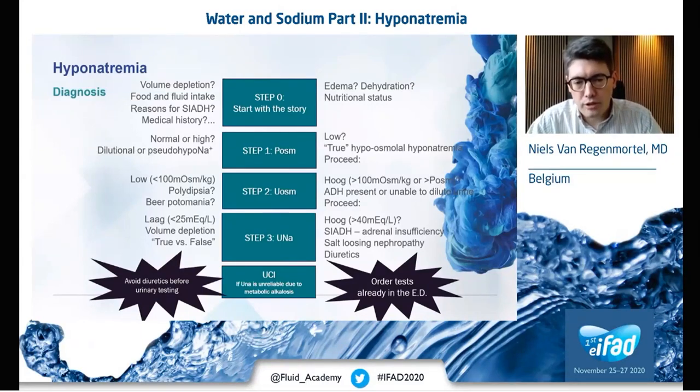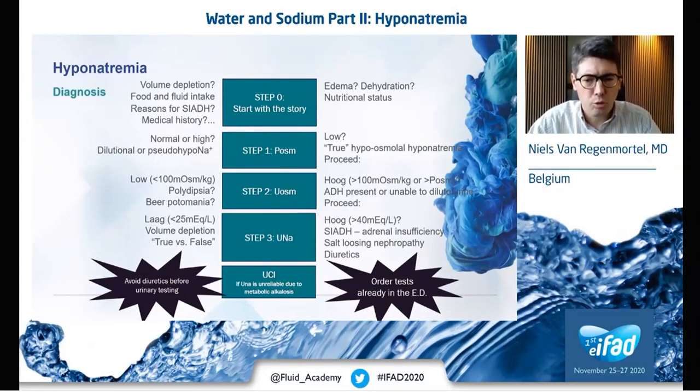A small sidestep is that sometimes in the case of metabolic alkalosis, the urinary sodium is difficult to interpret, so you can look at urinary chlorides to make the same step here. So step 3 in the case of metabolic alkalosis will not be assessing urinary sodium, but looking at the urinary chlorides.